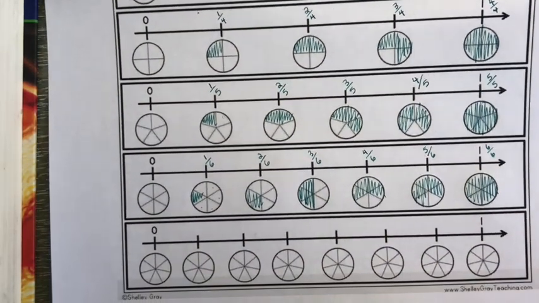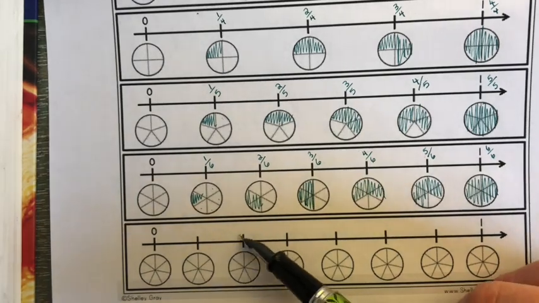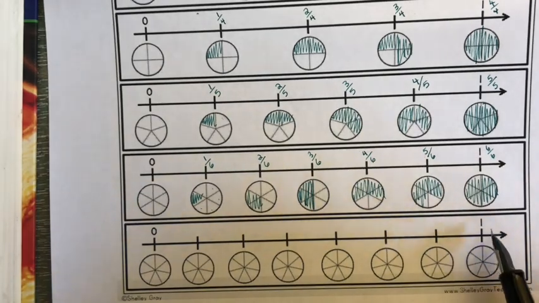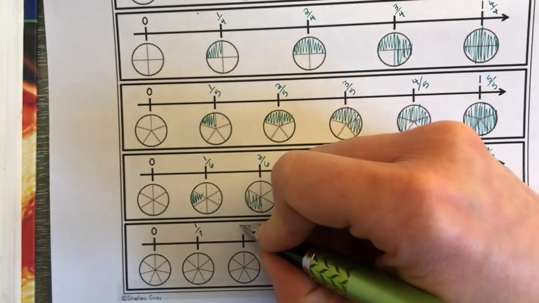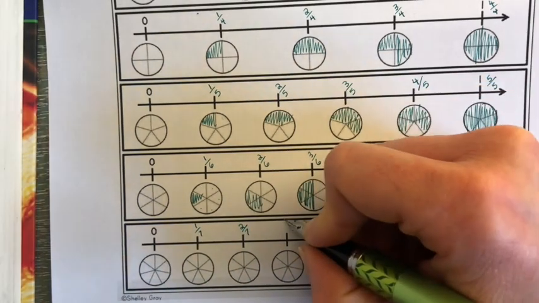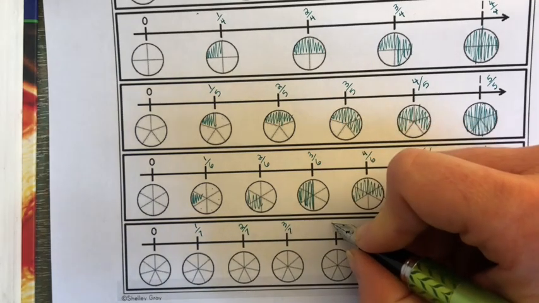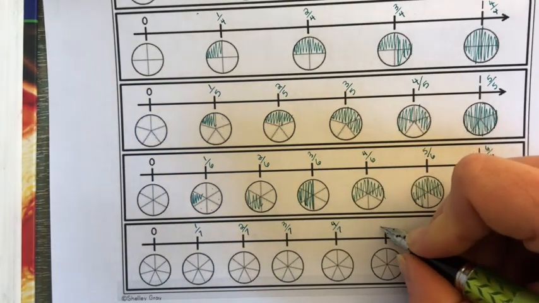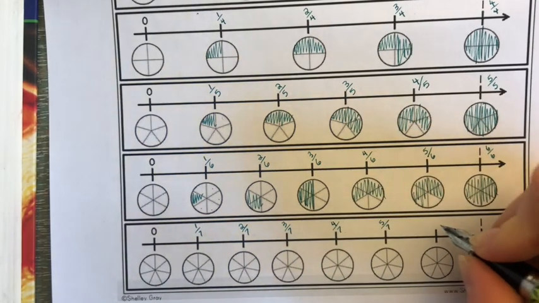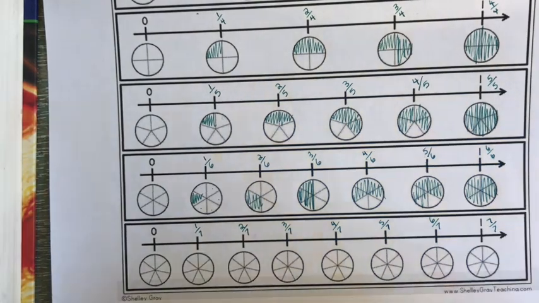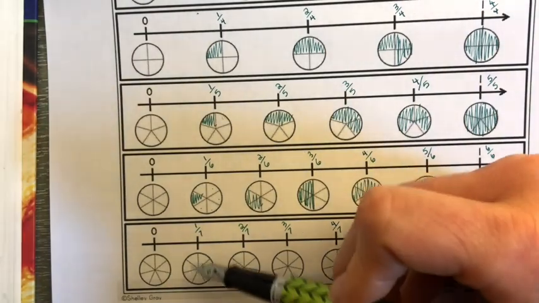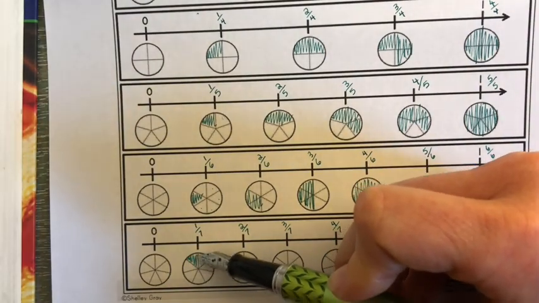Okay. Oh my goodness. 1, 2, 3, 4, 5, 6, 7. So these are sevenths. So 1 7th, 2 7ths, 3 7ths, 4 7ths, 5 7ths, 6 7ths, and 7 7ths, which would be a whole. Now 1 over 7, 1 7th.